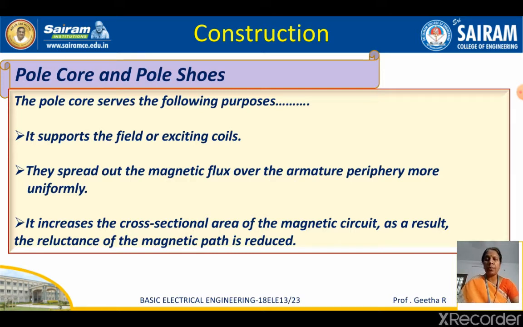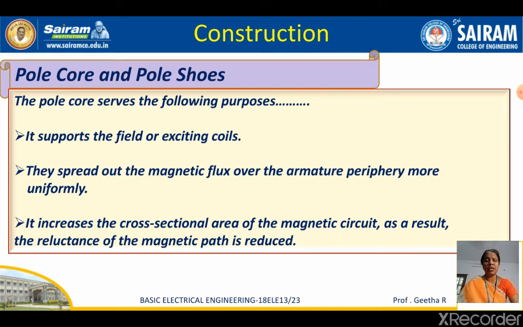So the coil, or the exciting coil, or the field coil, or the field winding, needs a support. On the support only you can wind the field coil on the core. So the pole core is the support.